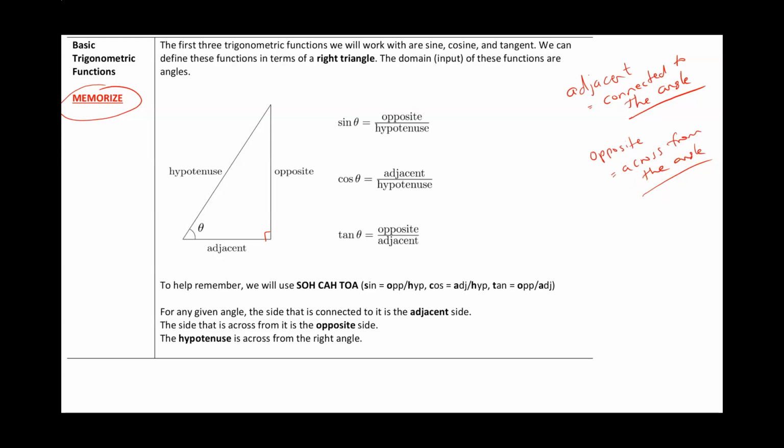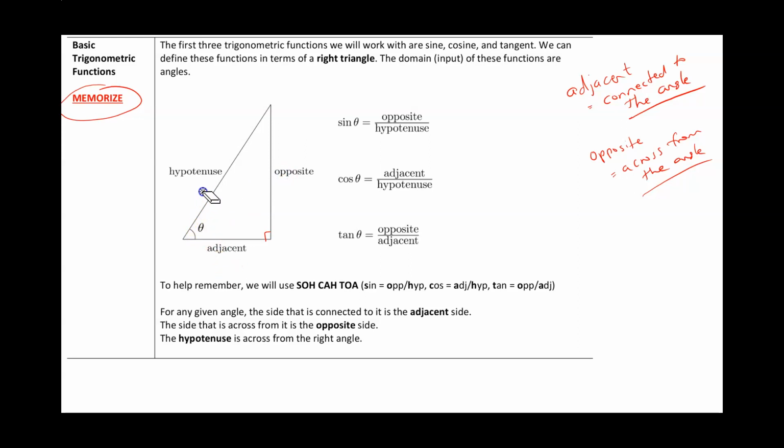So we have these three basic trigonometric ratios: sine, cosine, and tangent. Sine is opposite over hypotenuse. For any given angle, it's the ratio of the opposite side divided by the hypotenuse. Cosine is the ratio of the adjacent side of any angle, the side connected to it, divided by the hypotenuse.